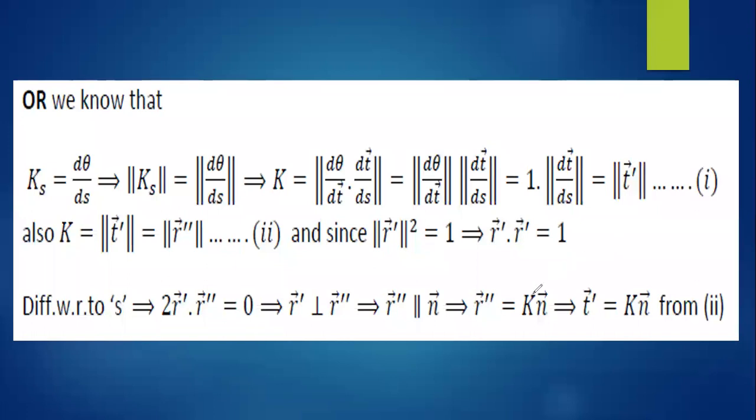When I call this r double prime parallel to n, if this vector is r double prime, let me write it here. Then n must be like this one. Maybe it is less than r double prime, maybe it is greater, or the line can be dragged. So this is the n vector.